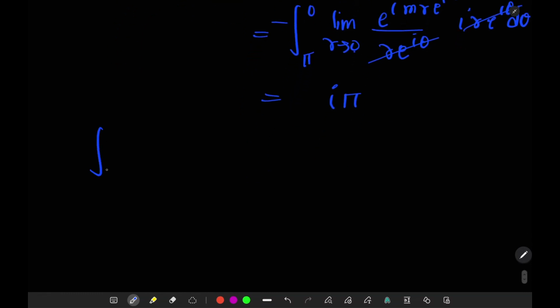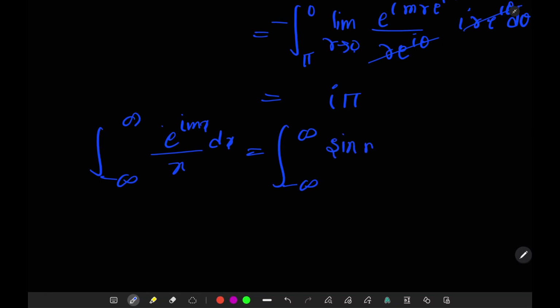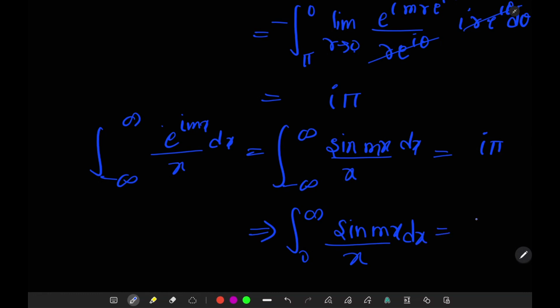Now comparing the imaginary part of e raised to power iota mx divided by x dx, we take only the imaginary part because there is an imaginary part available, real part equals 0. So sin mx dx divided by x equals iota pi. Now we need to prove this, so we can write here this.